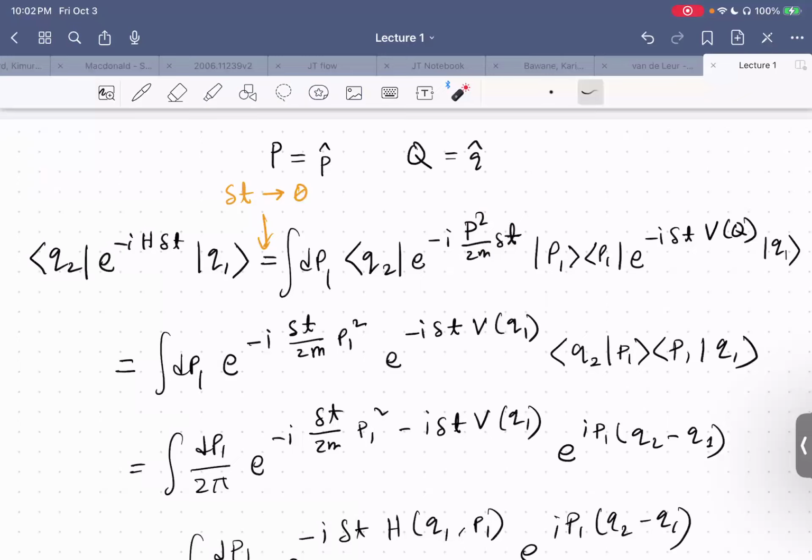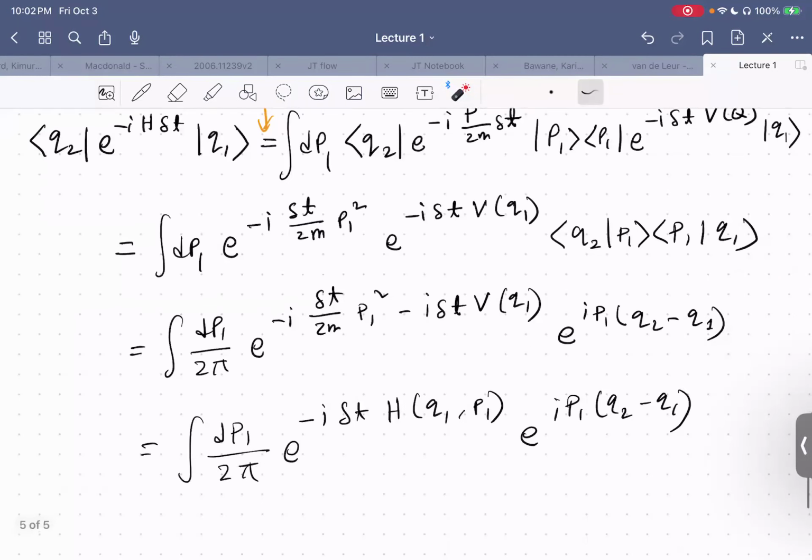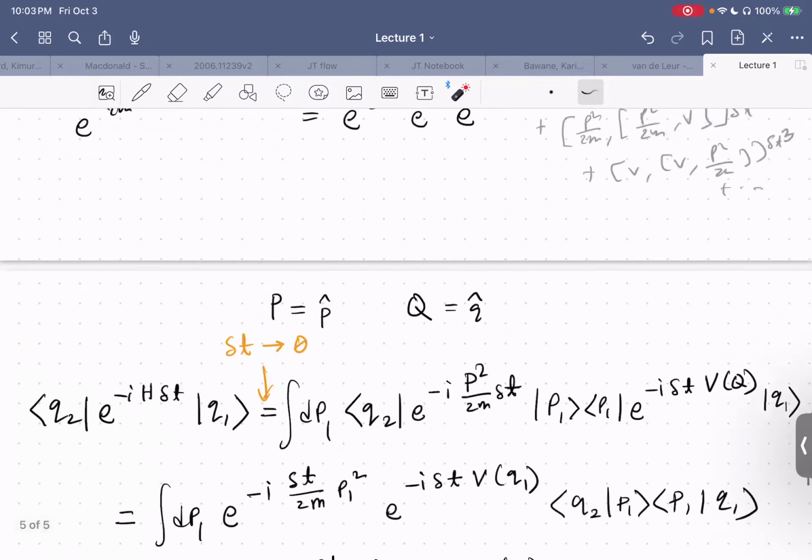In practice, this may not always be true. If your potential energy depends on both position and momentum, then you cannot just replace this with a number by acting on the state, because this will not be an eigenstate of momentum anymore. So in those cases, we have to be a little more careful about what you end up with, and you also have to worry a bit about operator ordering.